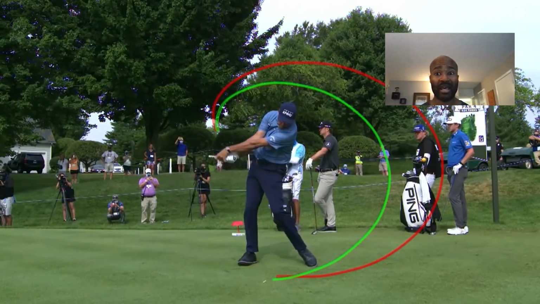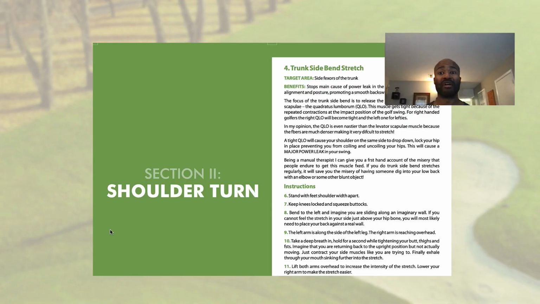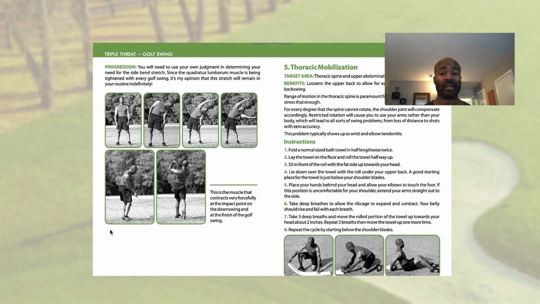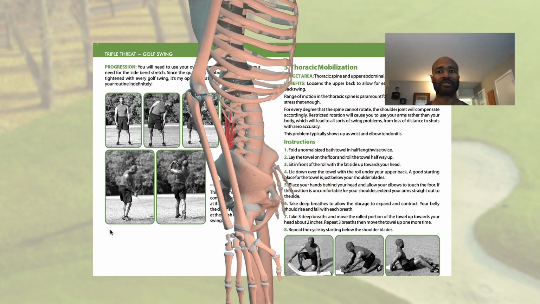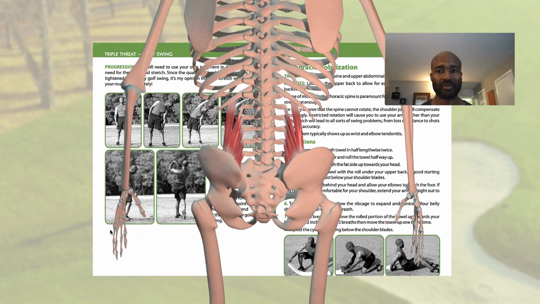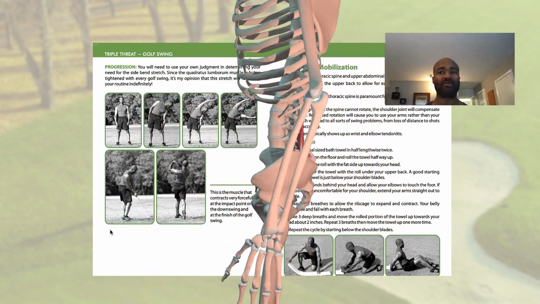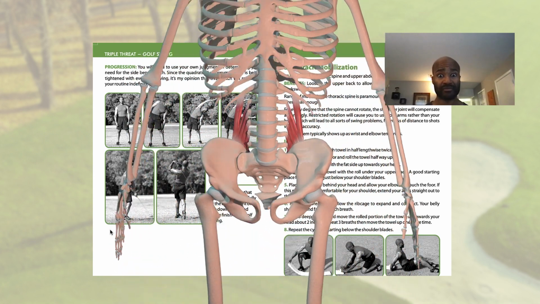So with the trunk side bend drill, it's a shoulder turn, and the reason it contributes to the shoulder turn is because the side bend itself stretches a muscle that connects to the rib cage, which I've explained the importance of already.